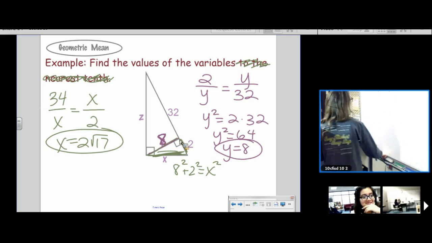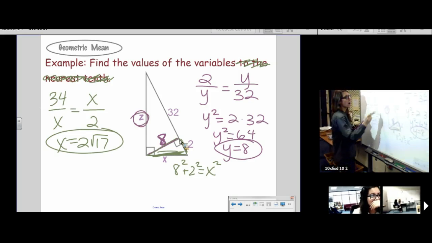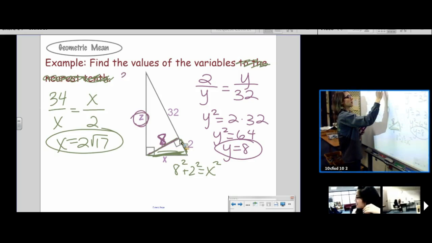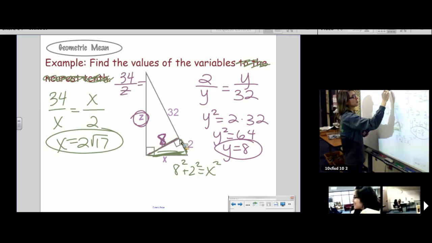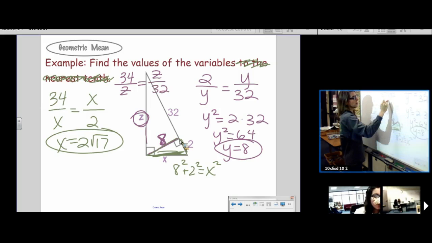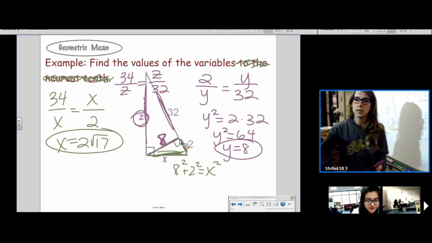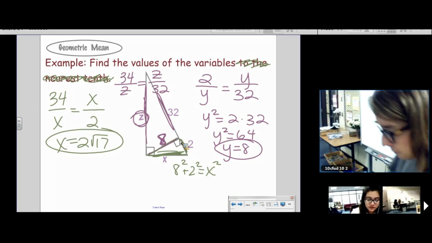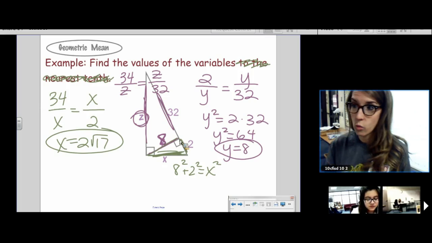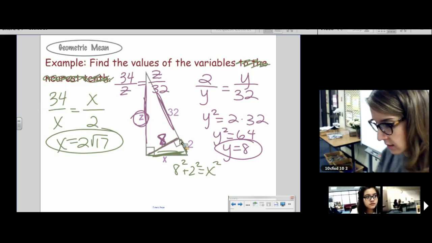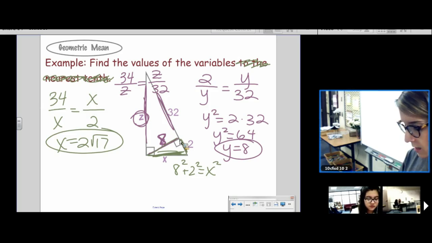Okay, last one, z. All right, so the proportion is hypotenuse over leg equals leg over adjacent segment. The one adjacent to z is 32. You're just using the one you haven't used yet. 34 times 32, whoa, 1,088.